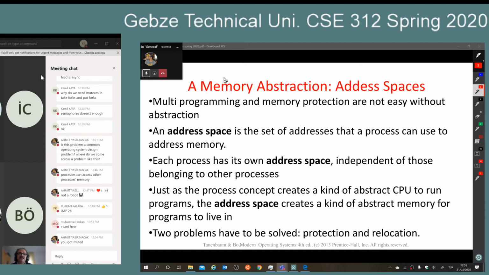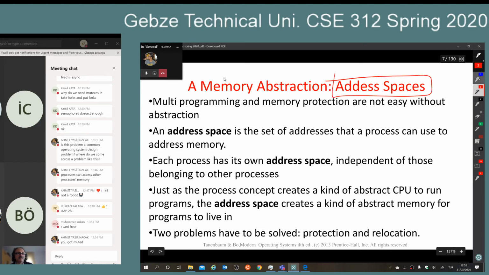This abstraction's name is address spaces. The definition is this: the set of addresses that the process can use to address the memory. So a process thinks that it has a certain number of addresses that it can address, and it doesn't care where those addresses are in the physical memory.